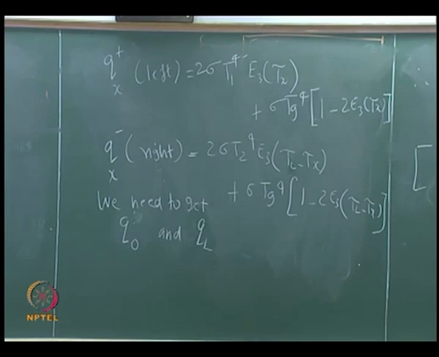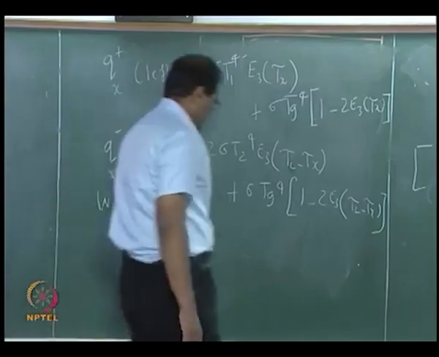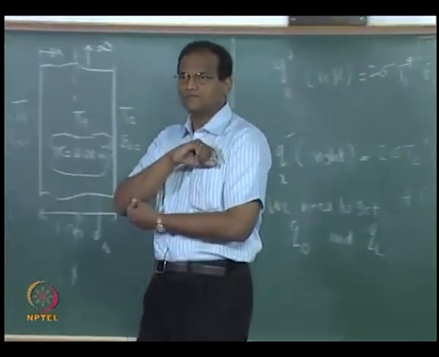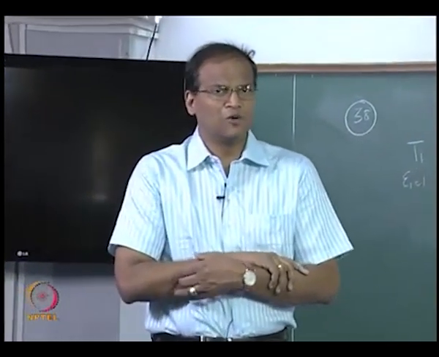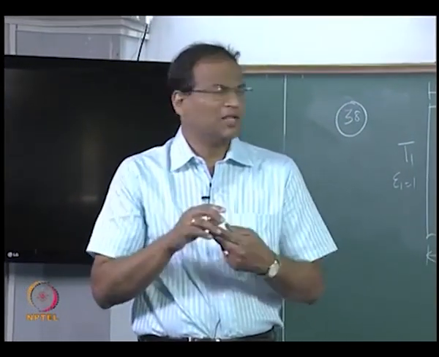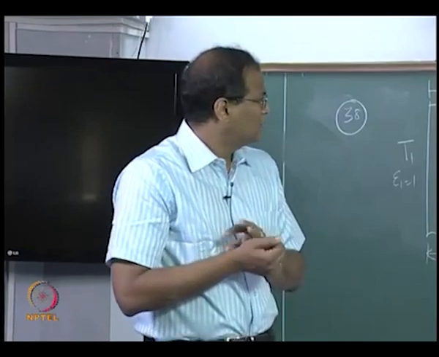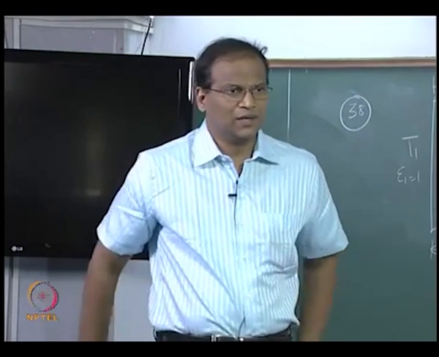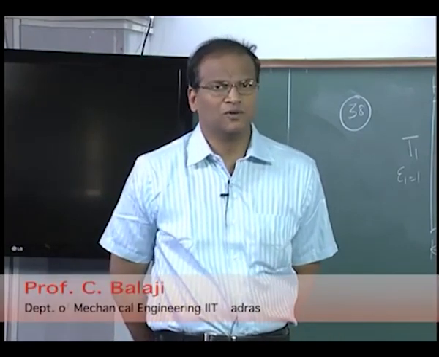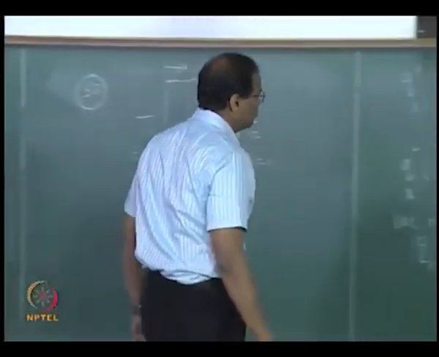Or you are doing at the center? 0 and L, okay, because I left it open at x. Is everybody through with the procedure? So it involves more calculations because you have to look at the E3 twice or maybe 4 times, because I want you to evaluate at x equal to 0 and x equal to L. Just give me one answer, x equal to 0. How many of you are doing x equal to 0? Yeah, we will just finish this and then I will distribute the assignment.